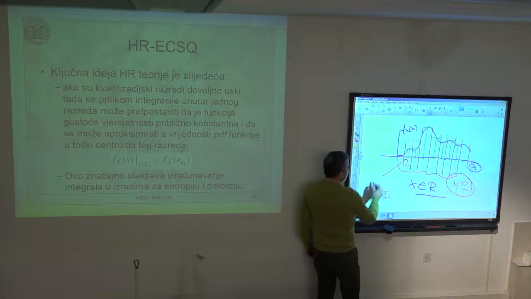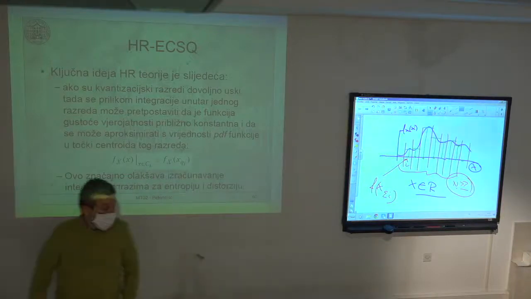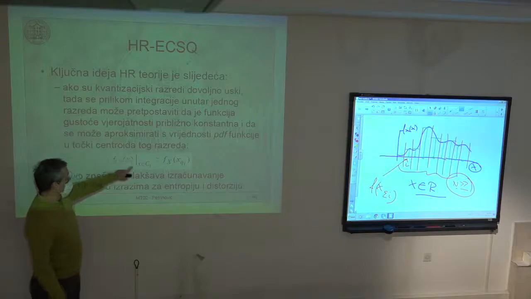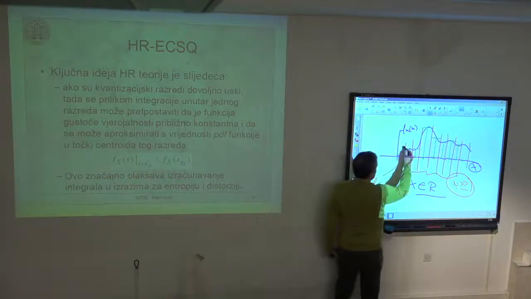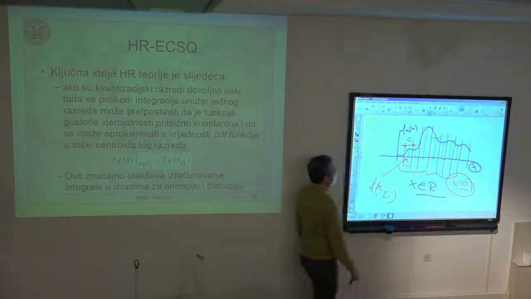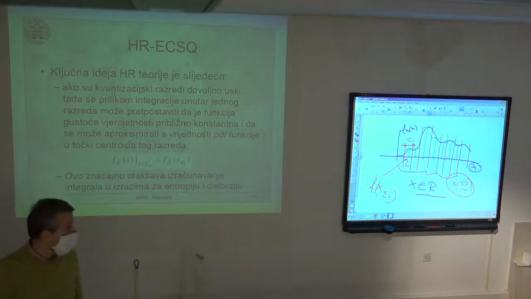And I simply take the density at this centroid value. And I say, in this case, for all x's corresponding to this class Ci, from the lower boundary to the upper boundary, I will approximate that this density is constant. Why is this a simplification?